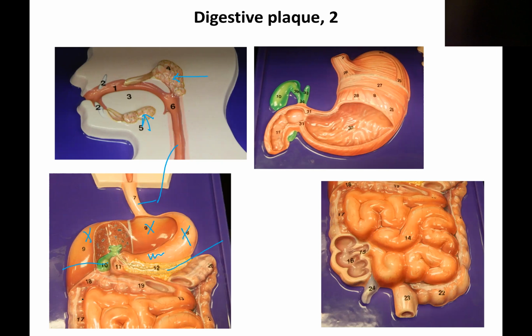You can see the ascending colon, transverse colon, descending colon, gastroesophageal sphincter, cardiac stomach, fundus of the stomach, body of the stomach, pyloric stomach, pyloric sphincter, duodenum, gallbladder, cystic duct, common hepatic duct, and a bit of the common bile duct.